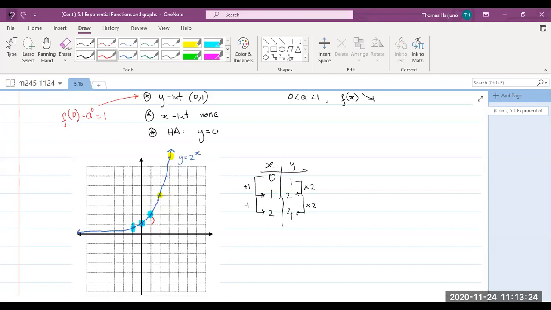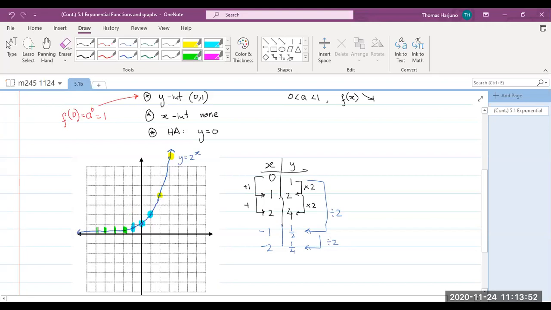Now, when you move to the left instead, from 0 go to -1, then you will get 1/2, because you divide by 2. Move another 1 unit to the left, you get 1/4. Divide by another 2, and so on. So the further you go to the left, you keep on dividing by 2.